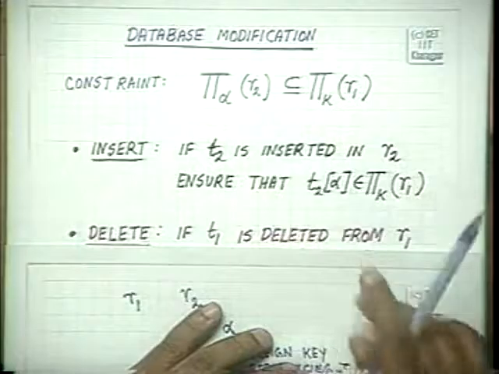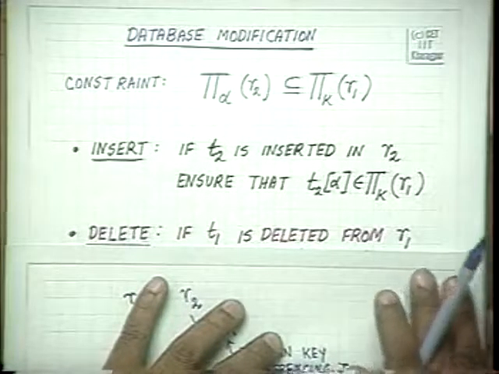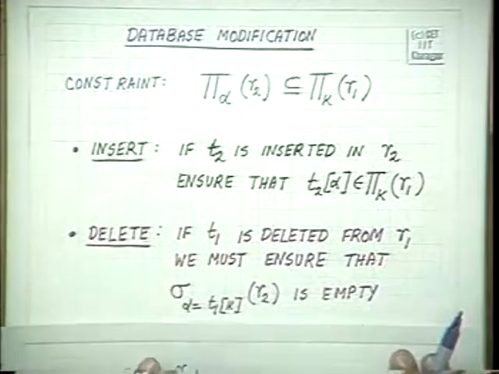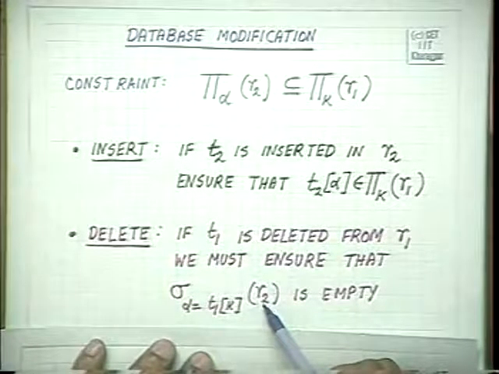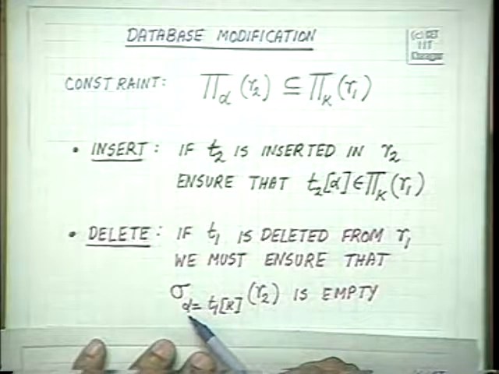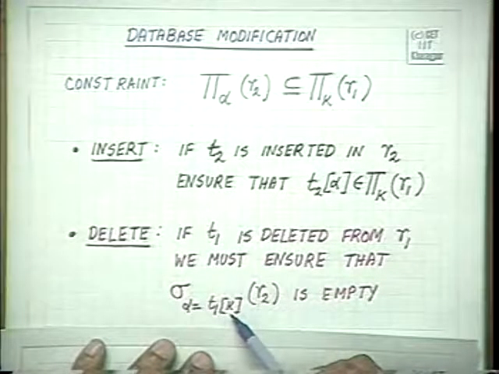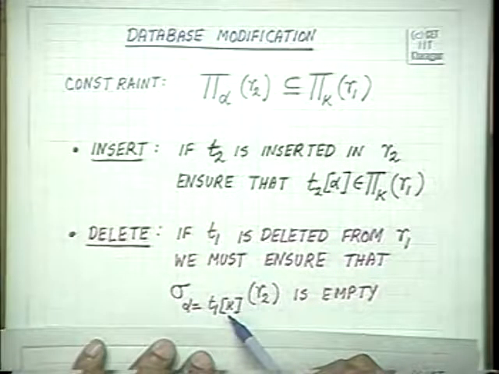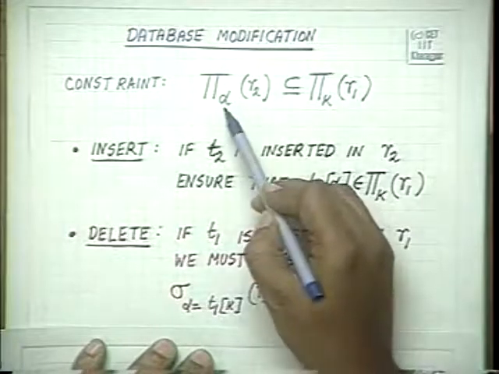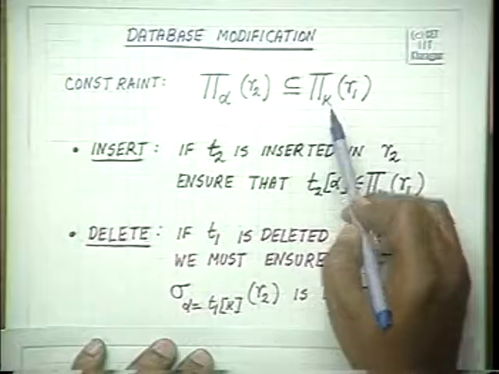For that, if T1 is deleted from R1, we must ensure that all tuples of R2 which satisfy T1 for the primary attribute k, which is same as the attribute alpha. The attribute set alpha and the attribute set k are the same.